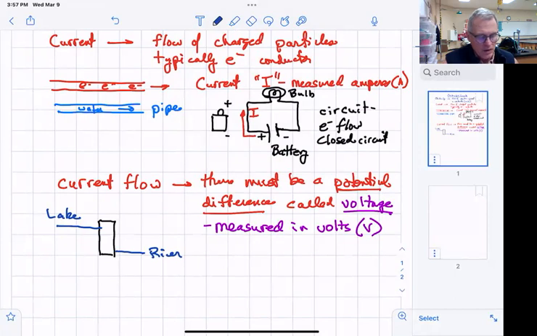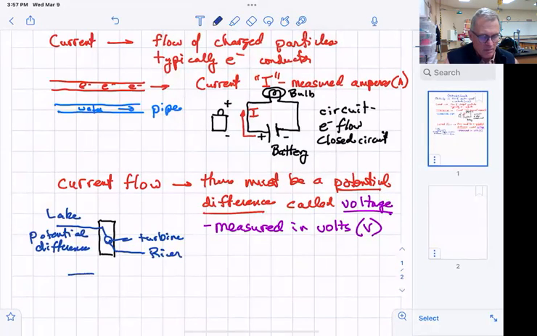If I were to run that water through a turbine on the way down, I can use that to create electricity, energy. So the difference in height here is a potential difference. It's sort of like potential energy. The battery provides this.